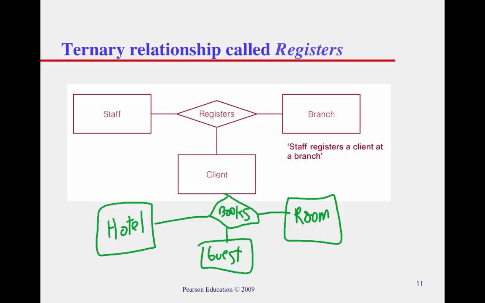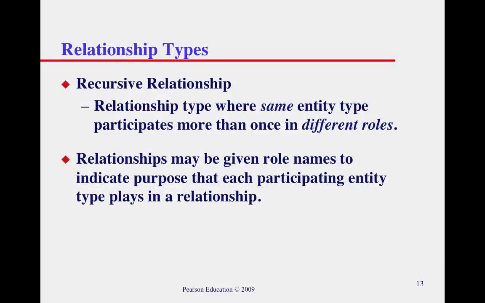Remember, booking has multiple foreign keys: a hotel number, a guest number, and a room number. There's a good chance, not all the time, that if that thing has multiple foreign keys, there's a multi-way relationship lurking there. It's not guaranteed, but you should at least consider that possibility.